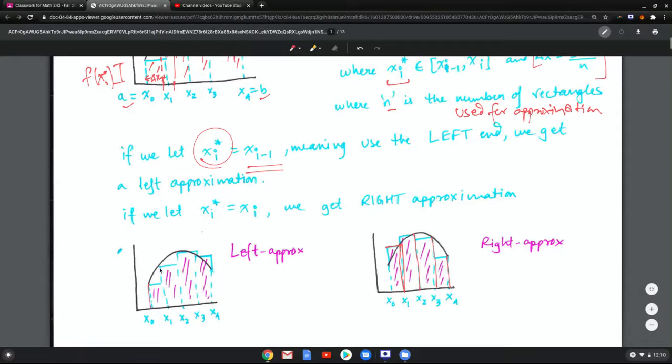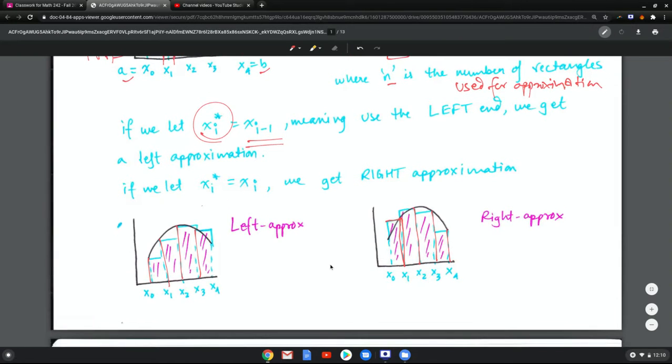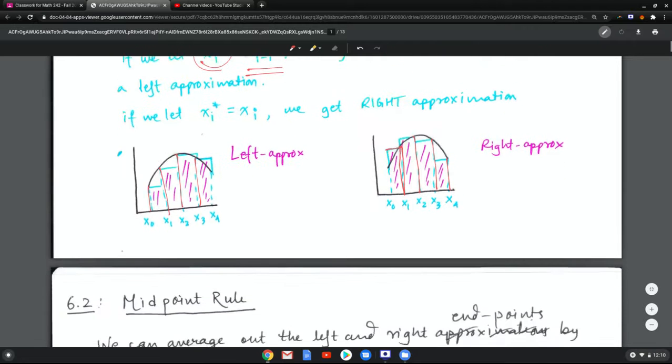Here, the leftmost point in each interval is giving you the height of the rectangle, so it's a left approximation. So that's the basic idea, meaning we are approximating using rectangles. That's how we'll see the methods.